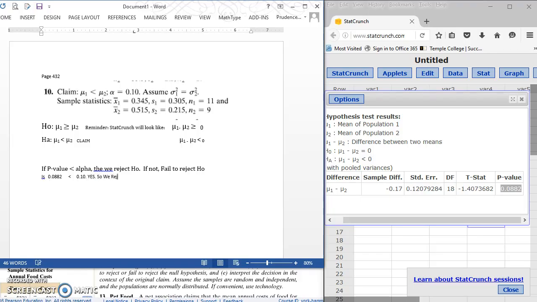So we reject H sub O. Now, if we reject H sub O, that means we have evidence to support H sub A, which is our claim. So your interpretation would be, we have evidence at the 0.10 for alpha would be the 10% level of significance to support the claim.